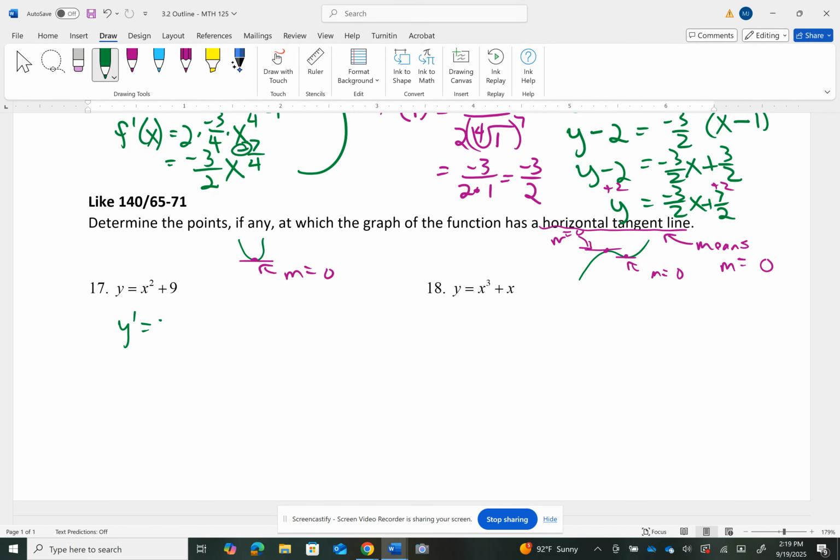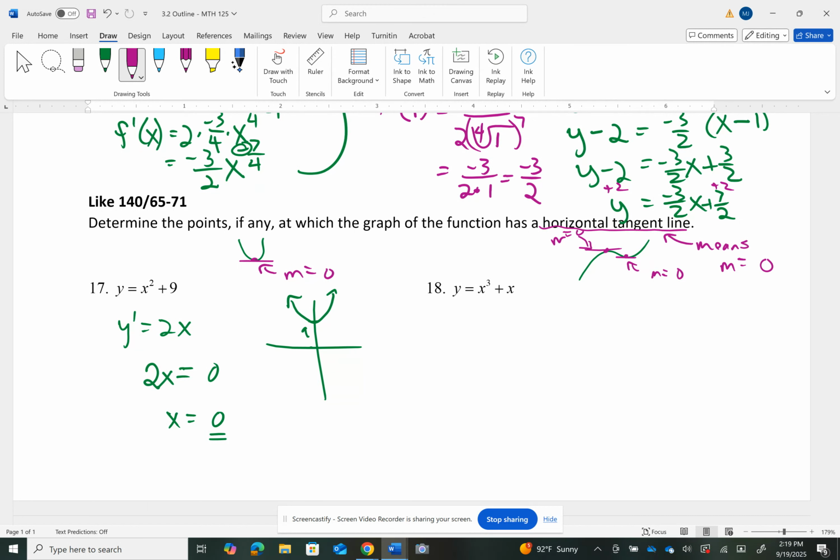You're going to do the derivative. Then you want to know where the derivative is equal to 0. That's what you want to know. And so the derivative would equal 0 at an x of 0. And then if they ask you for points, this would actually be a graph that would be up here at 9 and just sitting there like that.